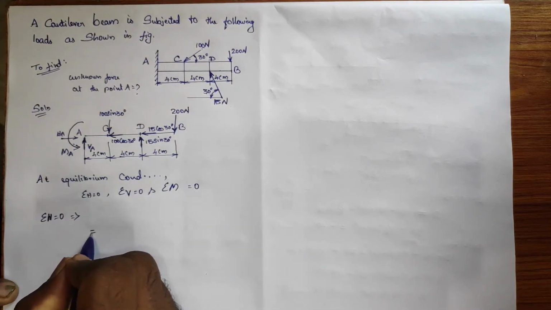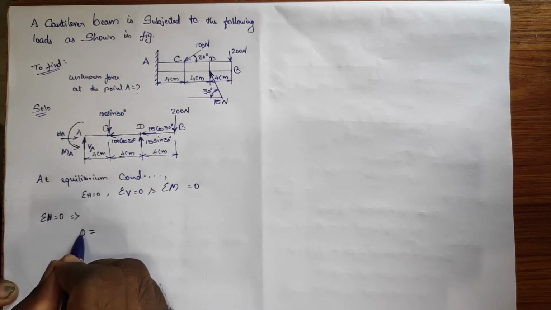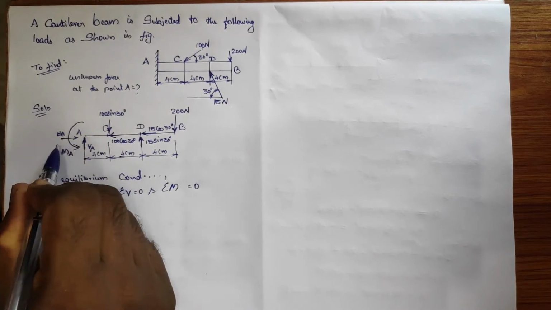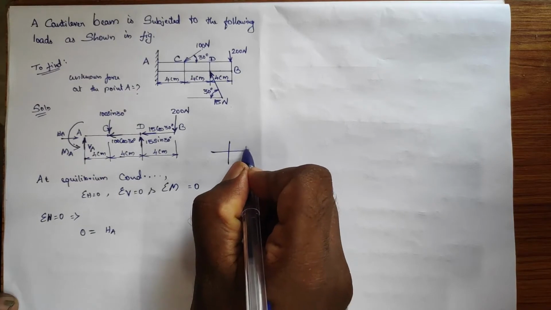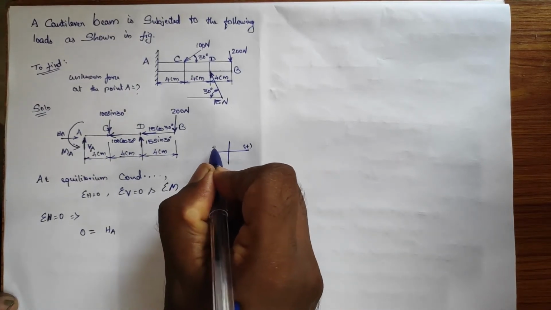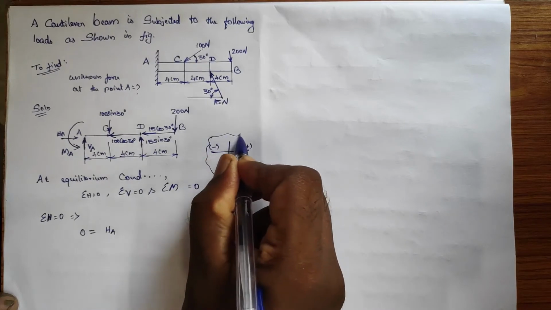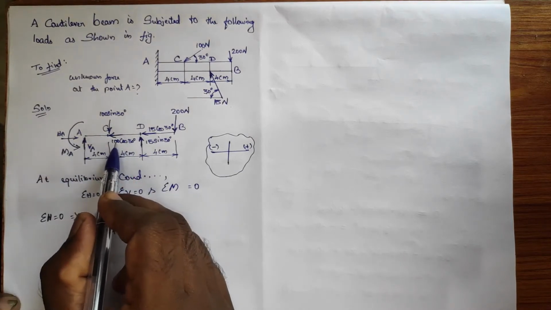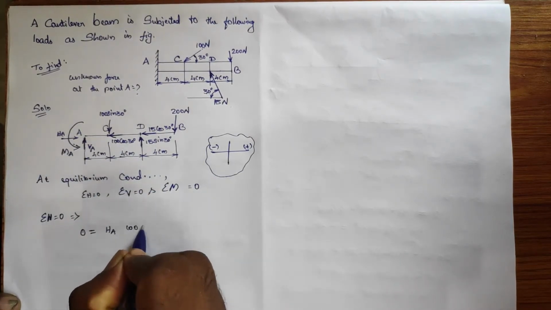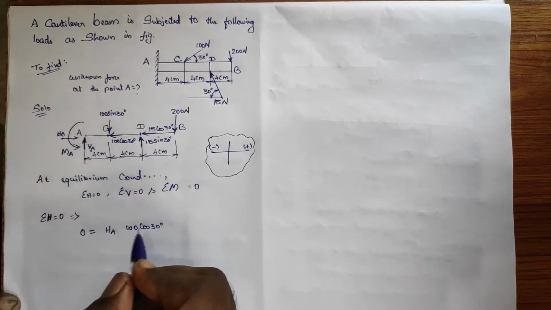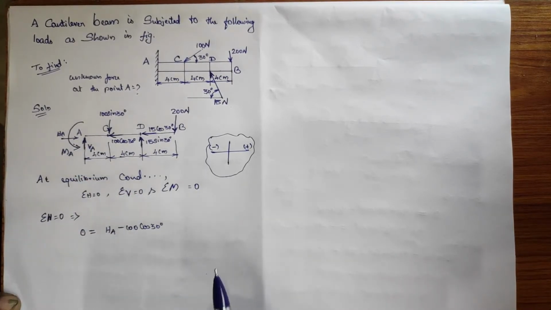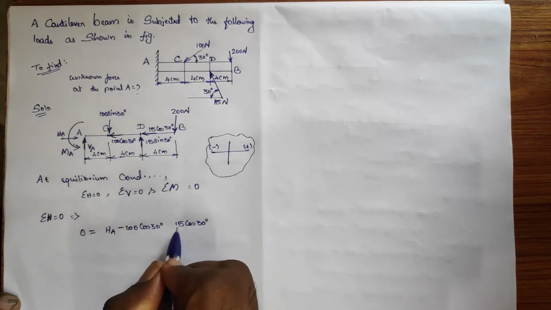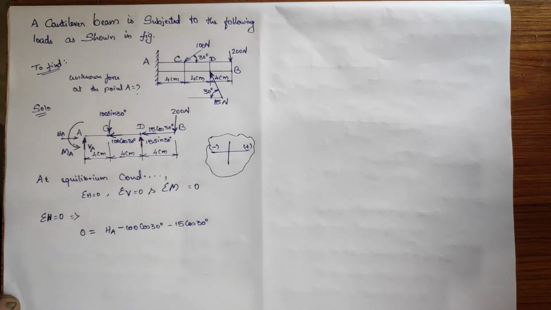HA is a horizontal force, so summation of H equals 0. So 0 equals HA, which is moving to the right side. We know a force horizontally right is positive and left is negative, right? Here HA is positive, and the horizontal force 100 cos 30 degree is moving to the left side, so it carries a minus sign. And 15 cos 30 degree is also moving left, so it carries a minus sign.